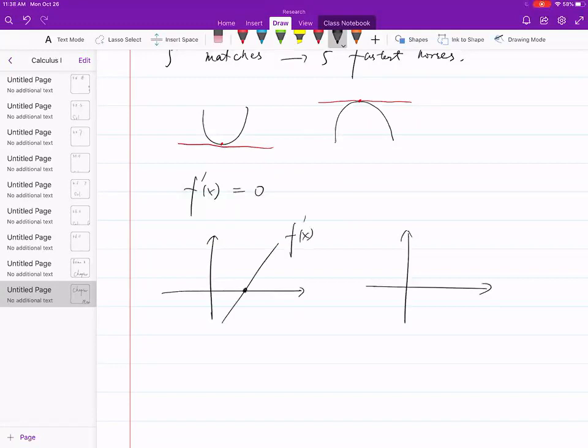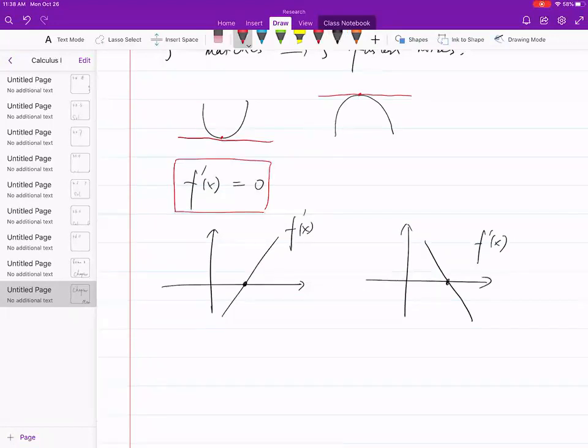That's where my minimum is. Before I was increasing, now I'm decreasing. So before I was positive, now I'm negative. That's where I have the maximum. That corresponds to these two cases. Sounds good? So first case, to find the critical points, just do this.